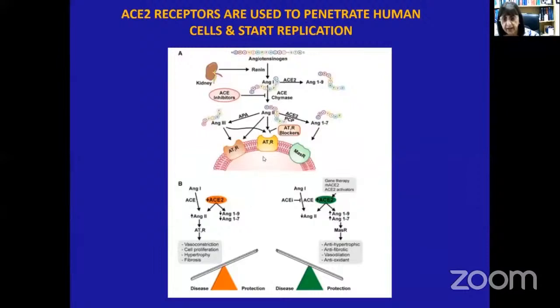On the other hand, if the pathway goes more towards the right, where ACE2 is promoted, you have the production of Ang1-9, Ang1-7, and a blockade of Ang2 production, and that either increases ACE2 levels by the blockade of Ang1 to Ang2, or you might have gene therapy that increases ACE2 receptors, and all of these end up going down the right side towards the green side of the screen, which is the protective side of the screen, where there is vasodilatation, an antioxidant effect, an antifibrotic effect, an antihypertrophic effect.